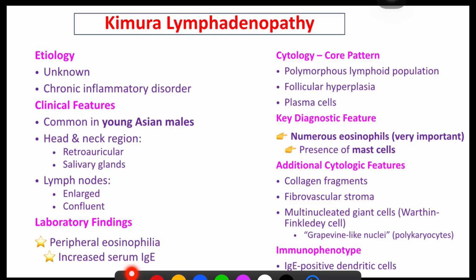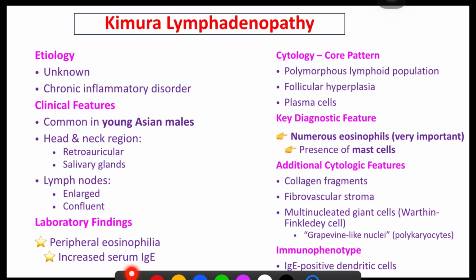Cytologically, there is a polymorphous lymphoid population, follicular hyperplasia, and plasma cells, but the key diagnostic feature is numerous eosinophils and the presence of mast cells. Additionally, sometimes we can find collagen fragments, fibrovascular stroma, and multinucleated giant cells known as Warthin-Finkeldey cells or graphene-like nuclei, which are also known as polykaryocytes.